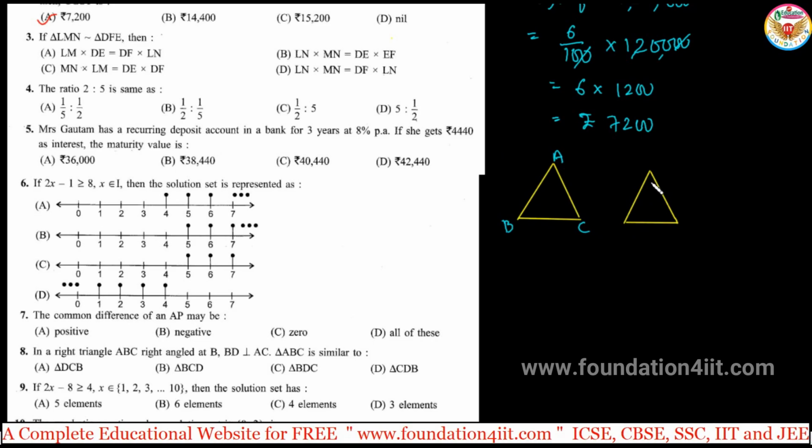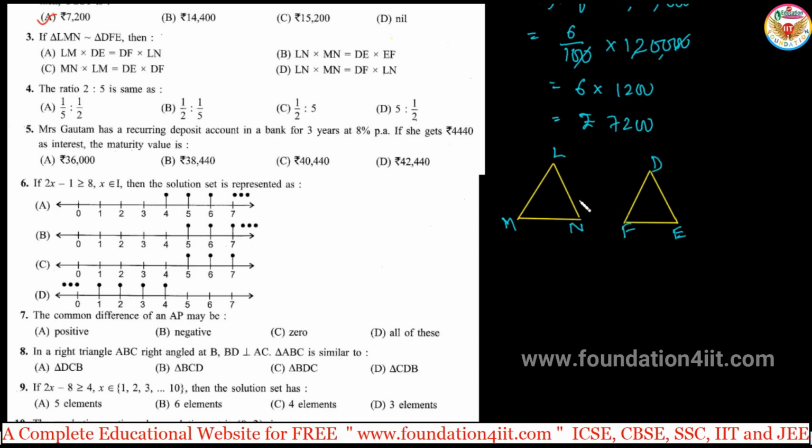Here it is L, M and N, similar to triangle DFE. Same way, take L and on the left side M, so again on the right side is N, same as DFE, same position.